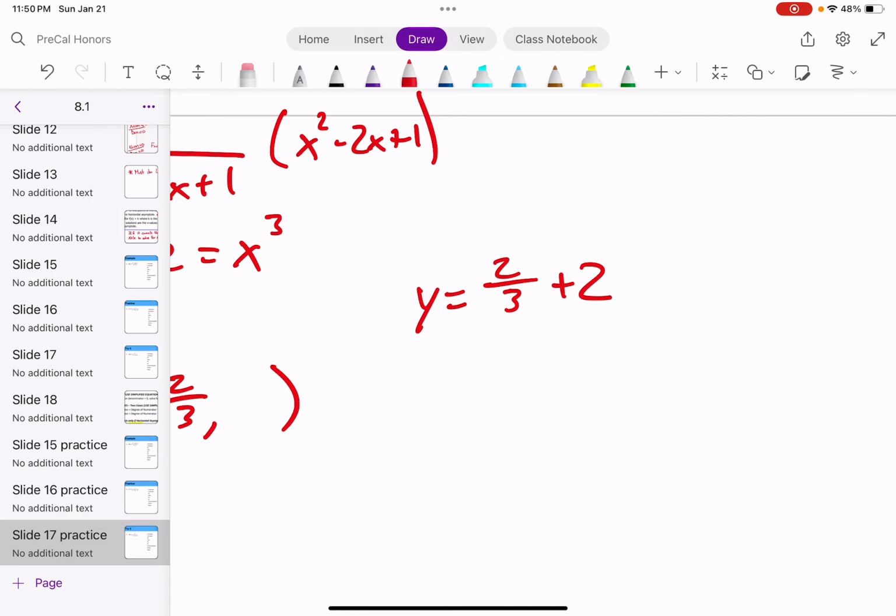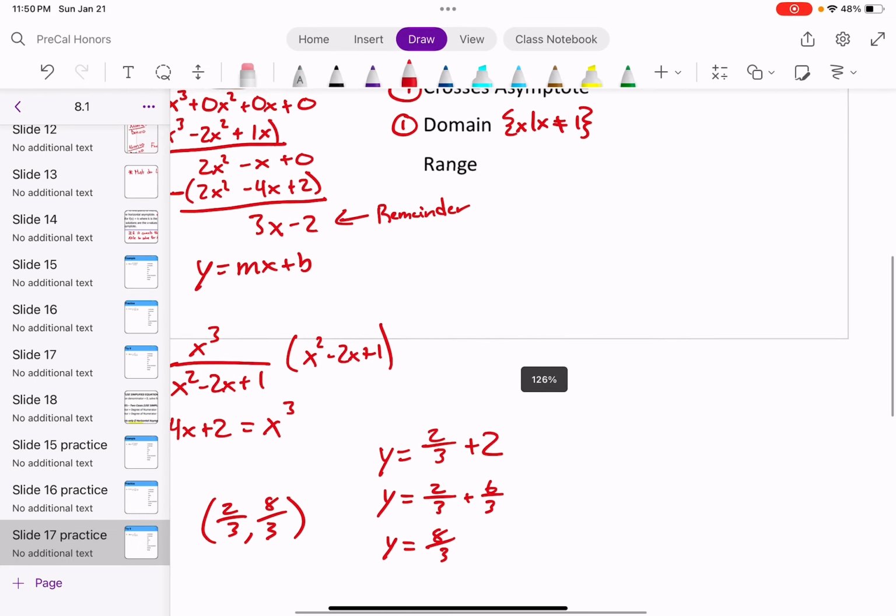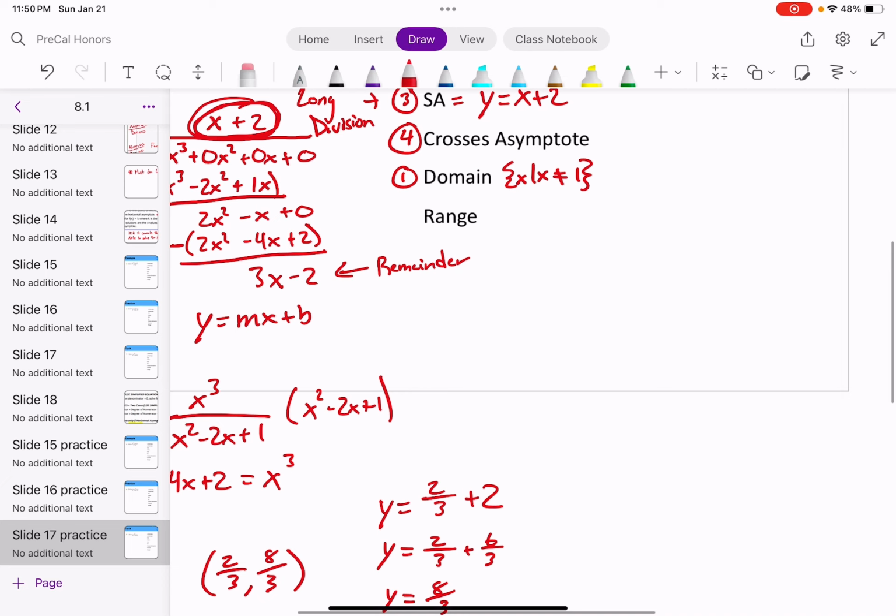Now, we're going to rewrite that positive 2 as a fraction so that we can blend it together with the 2/3. We're going to end up with y is equal to 2/3 plus 6 over 3. So y is equal to 8 over 3. And that right there is where it crosses. At 2 thirds, 8 thirds.